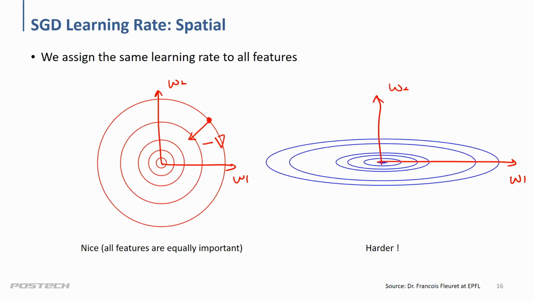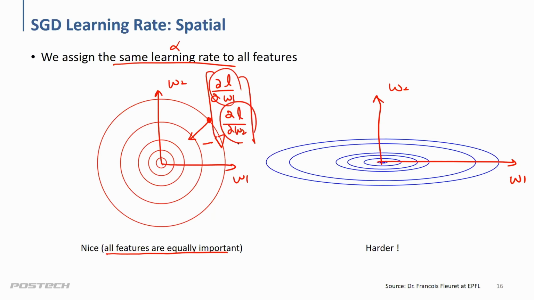And in this case, if you have the same alphas, all the features are equally important. That means the gradient values are pretty much similar because it's isotropic.